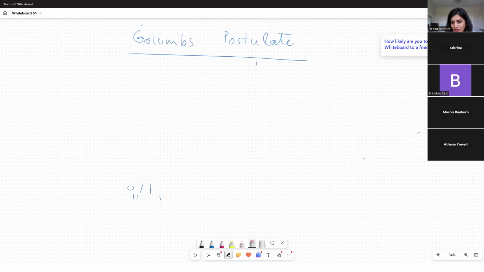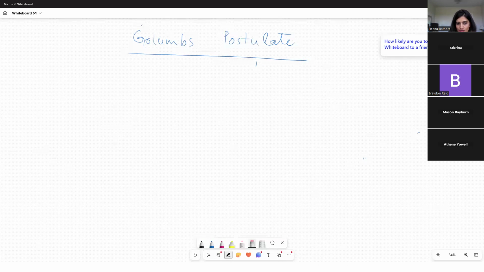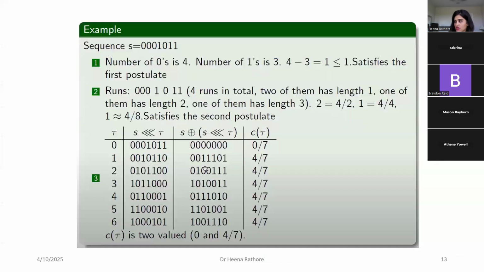Shouldn't the example string fail rule number 2, because R1 is length 3? Yes, it should basically fail for rule number 2. Let's get back to the example that I was covering. Going back over here.